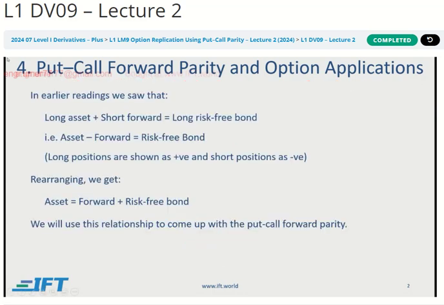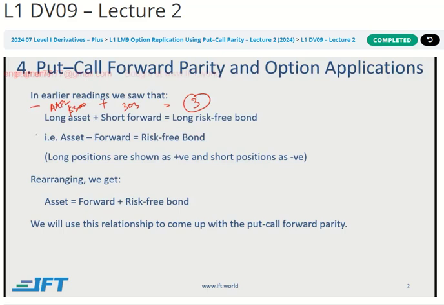And that is what you see in this slide, that you have the long asset, the Apple stock we bought for $300, and we sold it in the forward market for 303. The return we made was $3, and that is what the risk-free bond would have also given us.